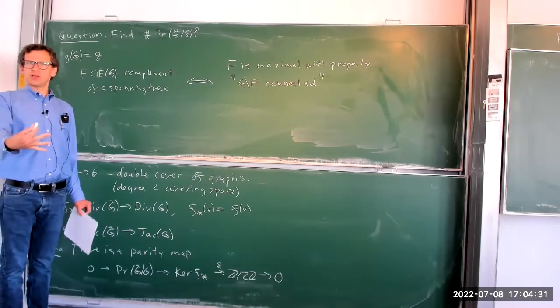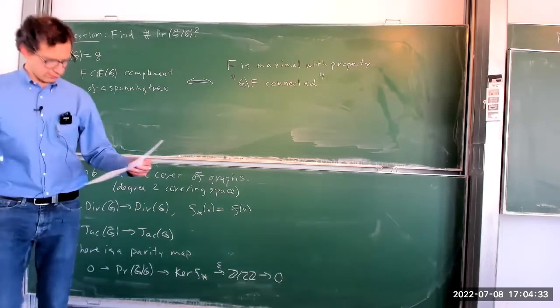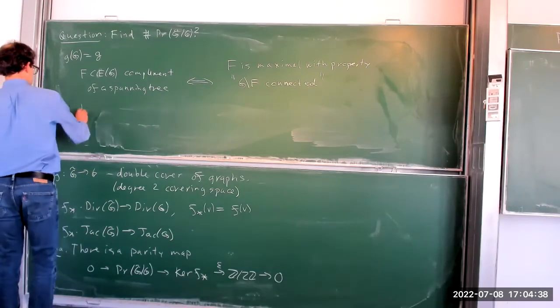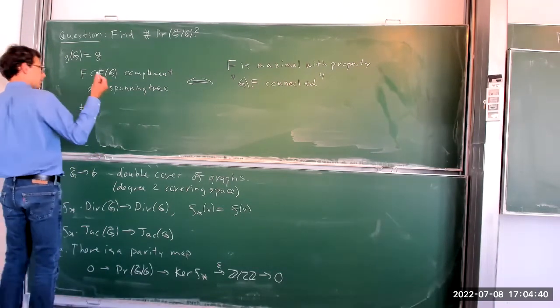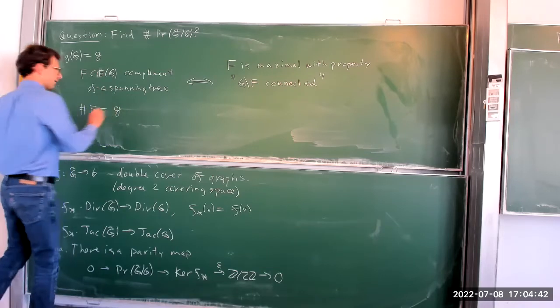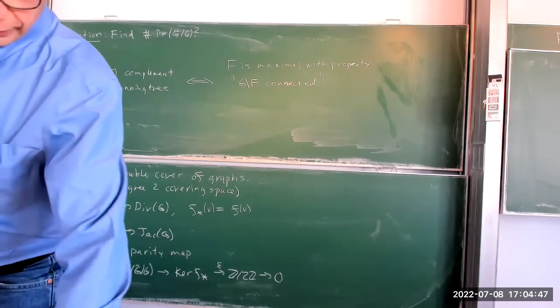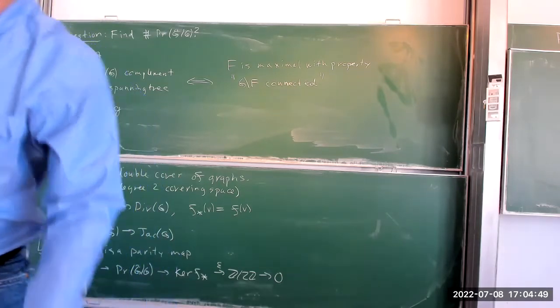Right? As soon as you have a tree, every edge is a bridge, and you cannot remove any more edges. And then the number of edges in a set with this property is always equal to the genus of the graph.